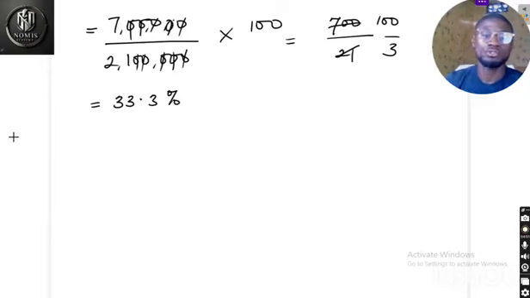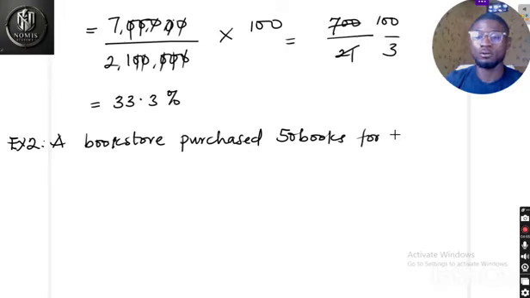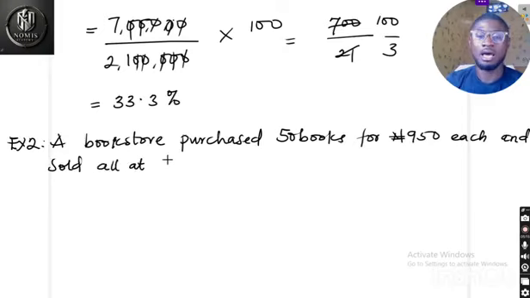Now let's take example number 2. A bookstore purchased 50 books for 950 naira each and sold all at 45,000 naira.